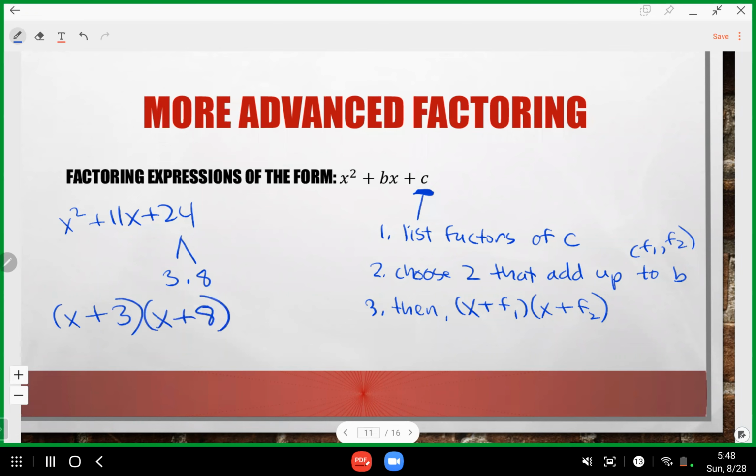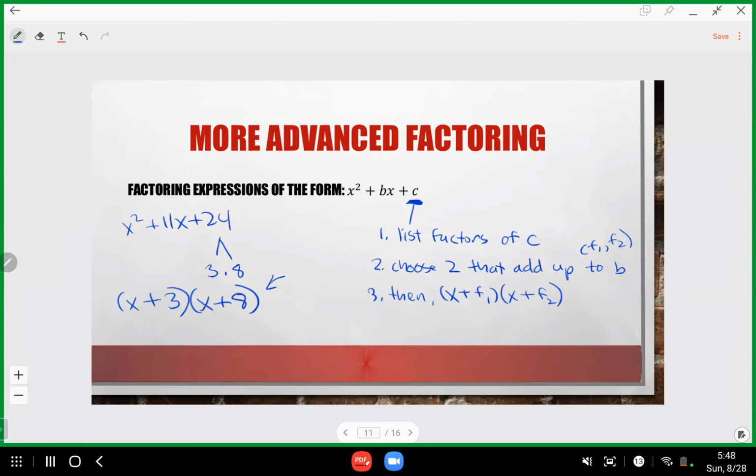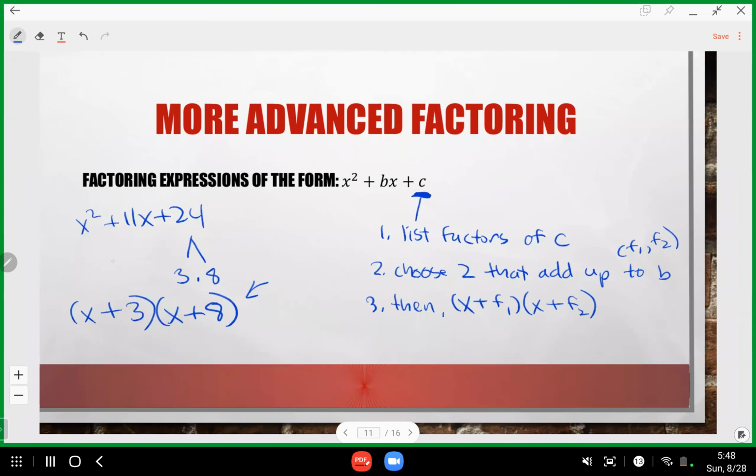If we multiply this out, this is the same as the distributive property. Essentially what we're doing here is x times x plus 8, plus 3 times x plus 8. So when you're multiplying these things out, don't be scared of this.